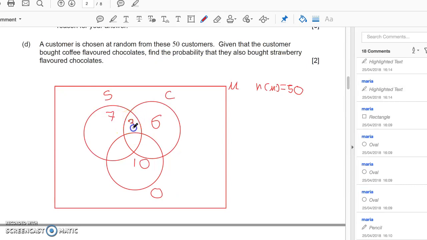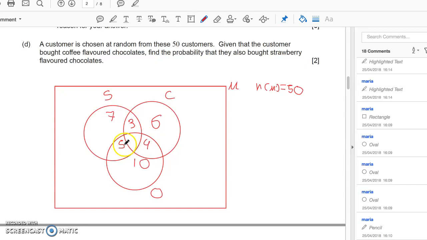Here I put my 3. 5 bought strawberry and orange, but not coffee, so I can put the 5. 4 bought orange and coffee, but not strawberry, so here I have the 4.